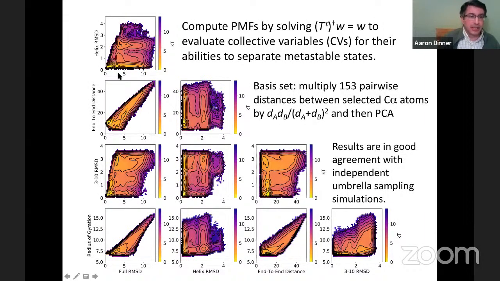I'm going to show you most of the results in the helix RMSD and the full RMSD, because that's what Peter used in his study. But we actually find from our calculations that we get a little bit better description of the system with the helix RMSD and the 3-10 helix RMSD. And so if you look at our published results, we have a lot in those coordinates.